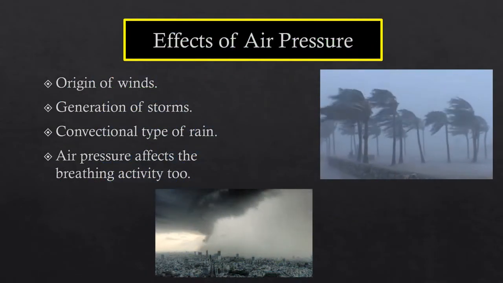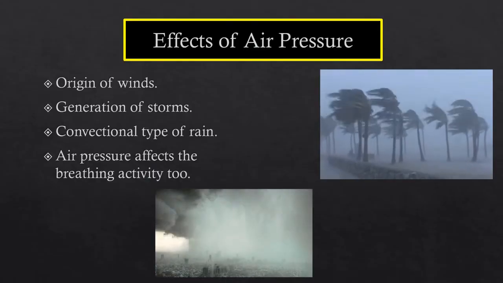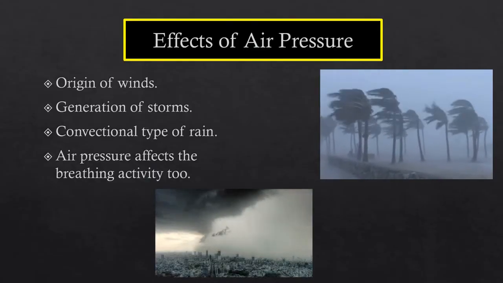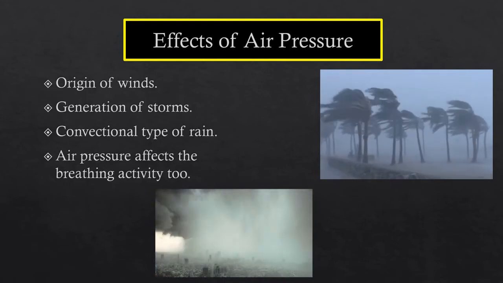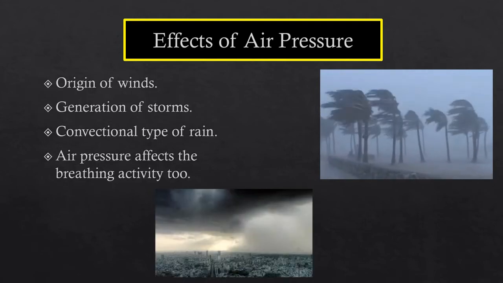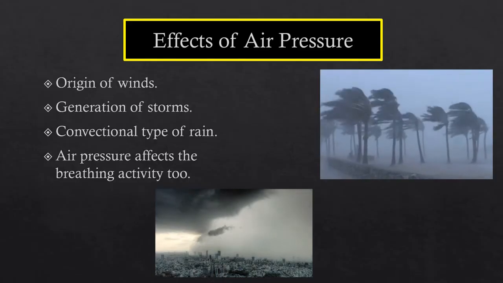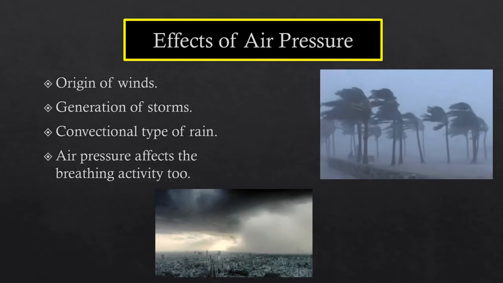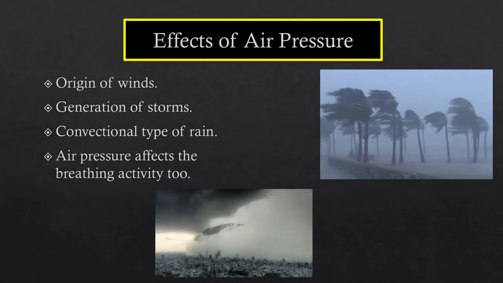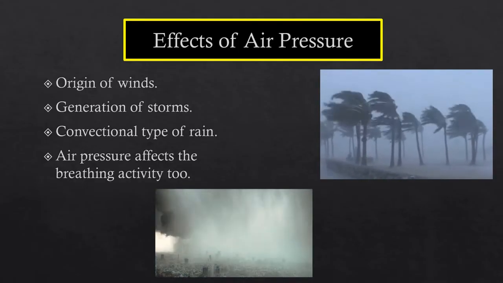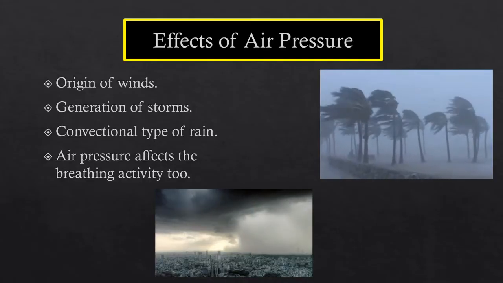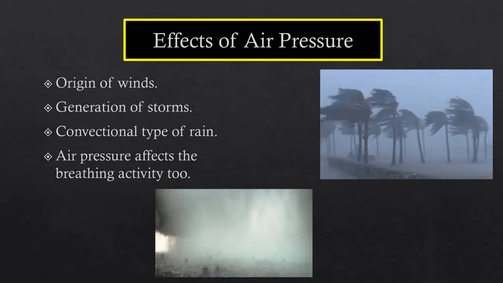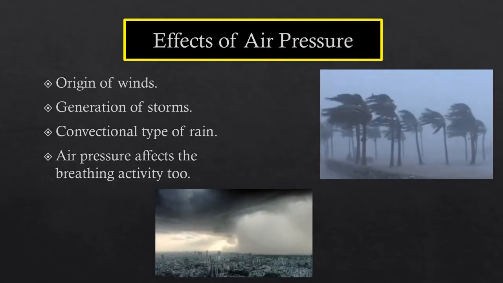Next are the effects of air pressure. Air pressure is one of the important characteristics of the Earth's atmosphere, which regulates the wind and weather pattern across the world. The pressure and gravity have a very close affinity because atmospheric pressure depends upon several factors such as height, gravity, and absolute temperature.